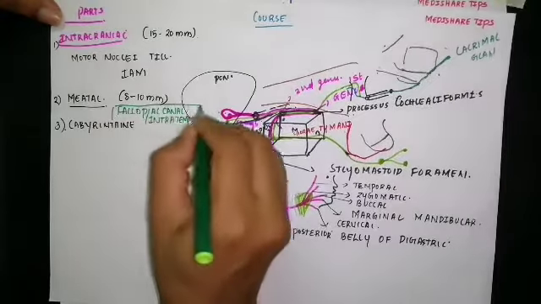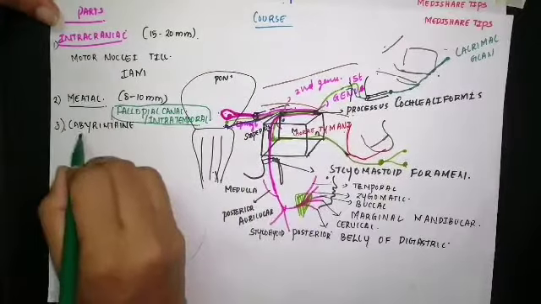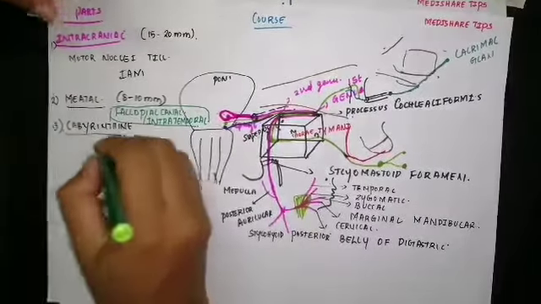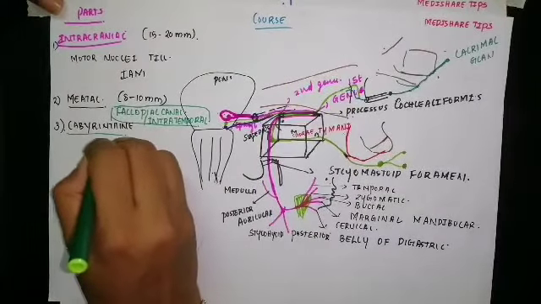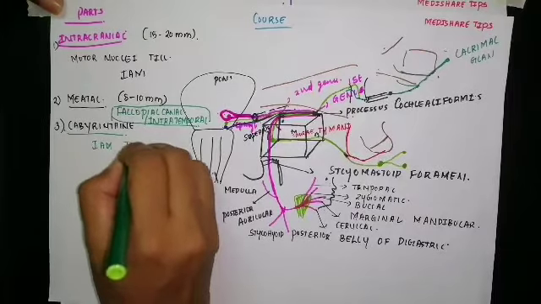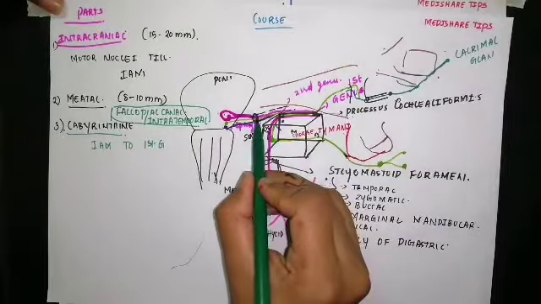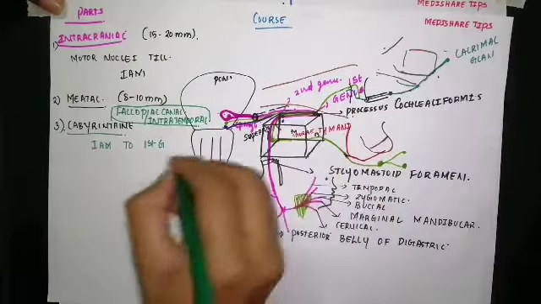So the intratemporal part is further divided. The labyrinthine part extends from the internal acoustic meatus to the first genu of the facial nerve.